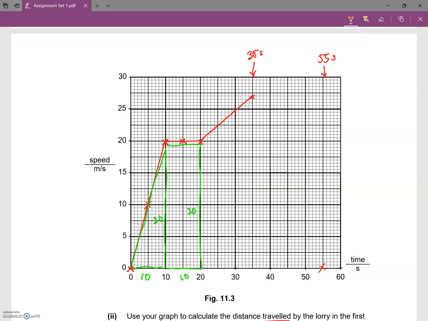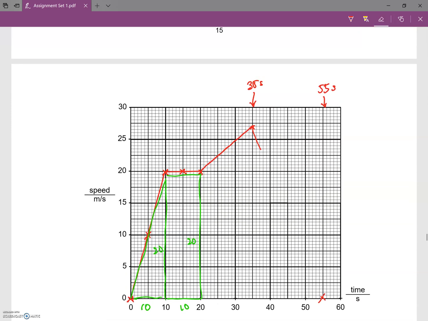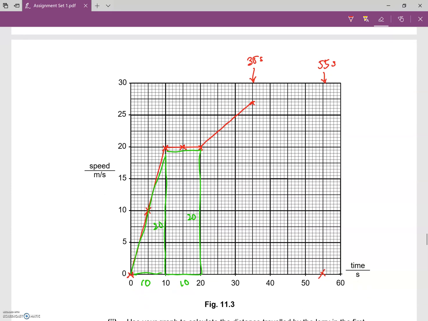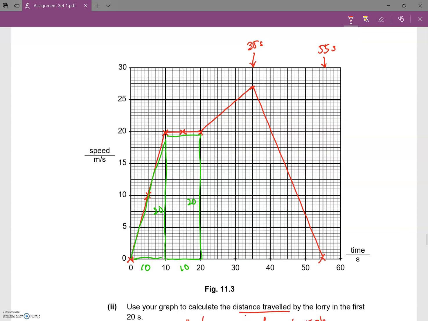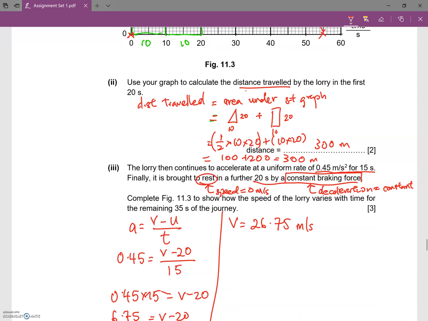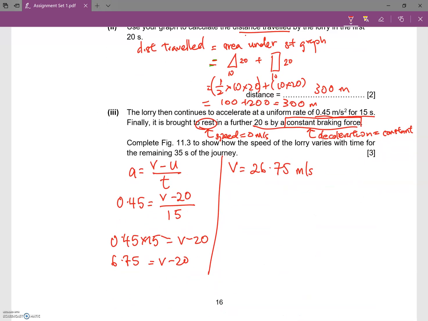Because it's a constant braking force, the deceleration is constant, so this will also be a straight line. Oops, ugly line. Let me erase again and redraw for you. A nice straight line over here. So this is how the graph looks, and that's how you get your 3 marks.